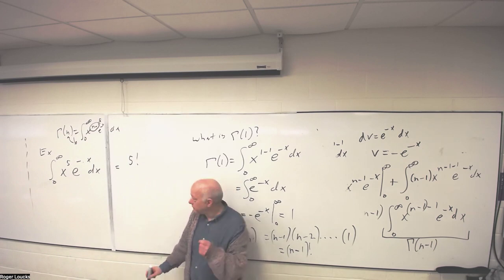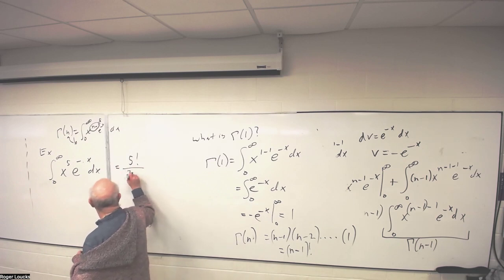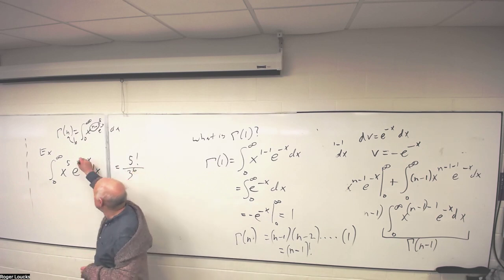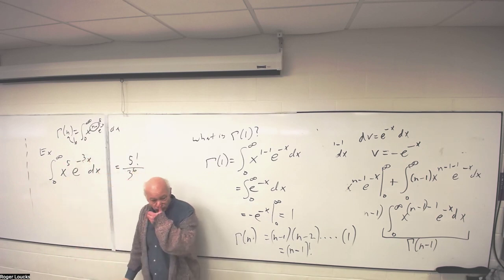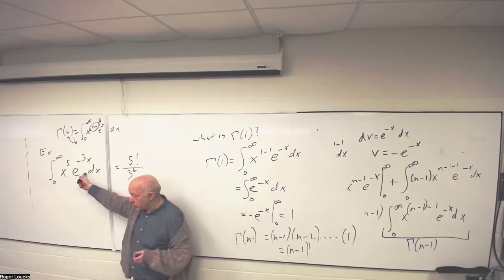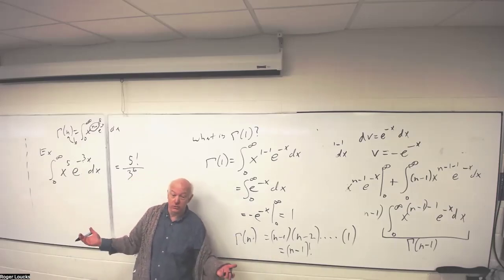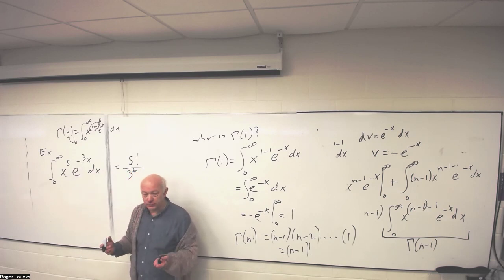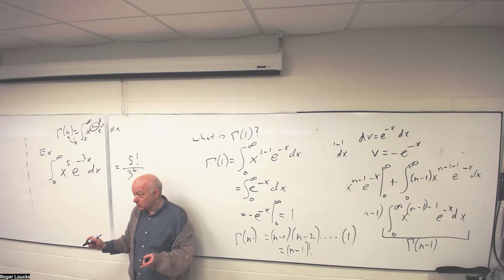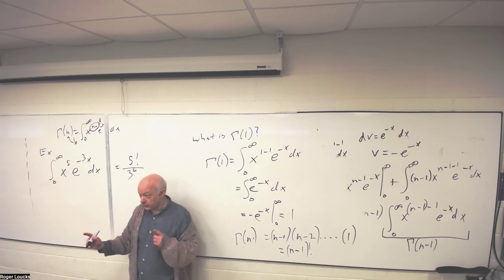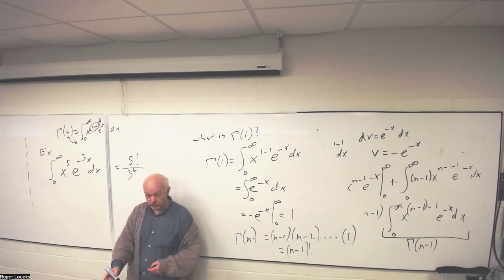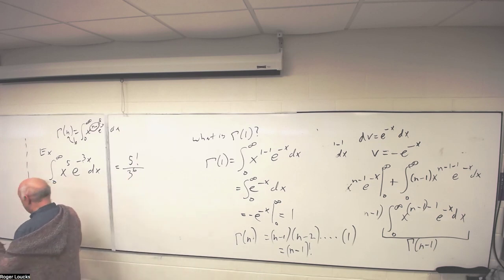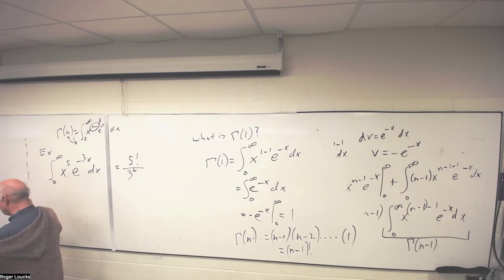Now the question is, why do we then have to divide this by 3 to the 6? This is not the form of a gamma function. It's almost a gamma function, but that 3 is screwing everything up. So what do we do? We do a u substitution, not a me substitution, not a he or she substitution, or we or they substitution, but a u substitution. It's expensive.